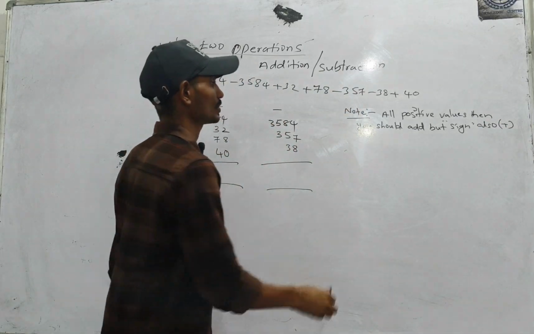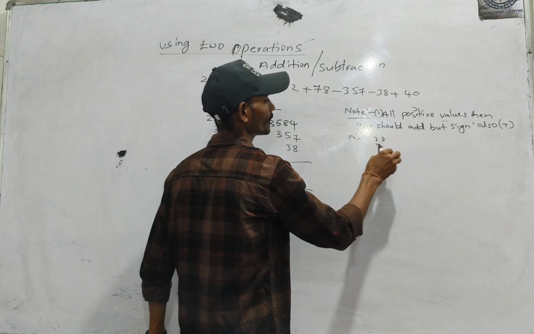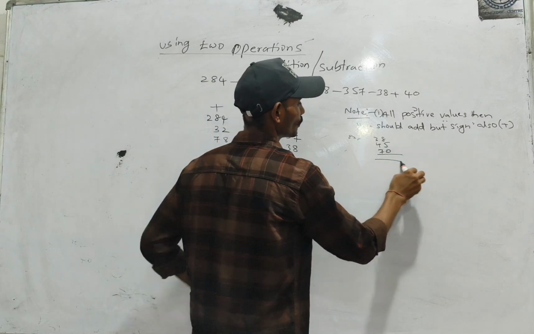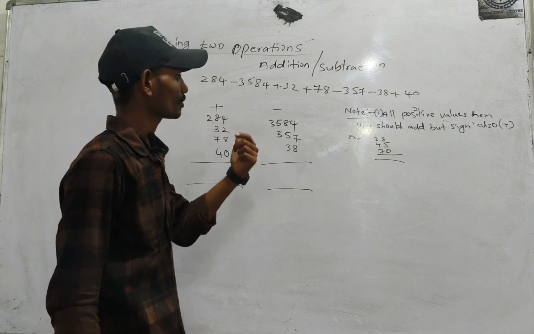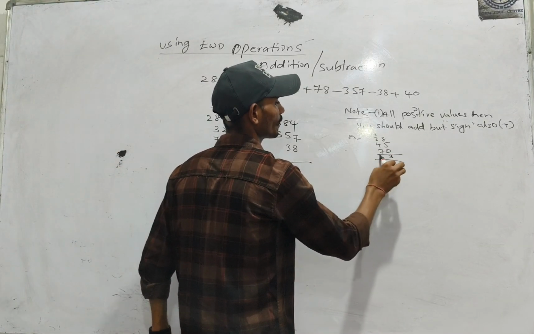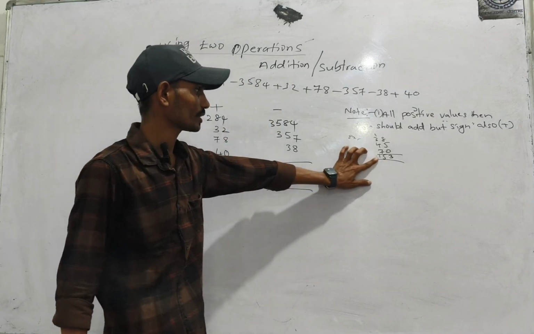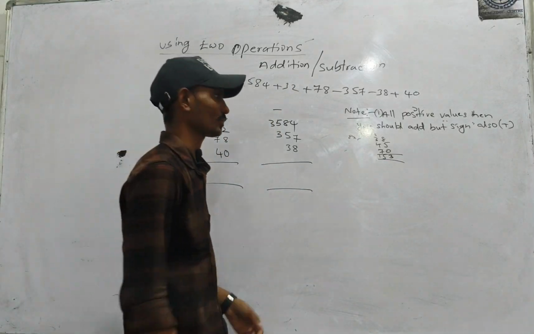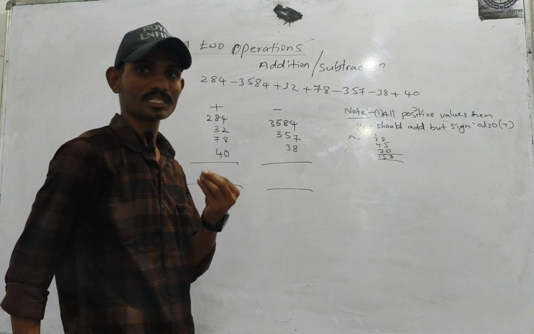For example, when there is no symbol mentioned, consider those numbers positive, like 13, 1 and 15. A positive sign need not be mentioned every time, just understand it is always positive. But a negative sign should be mentioned every time.